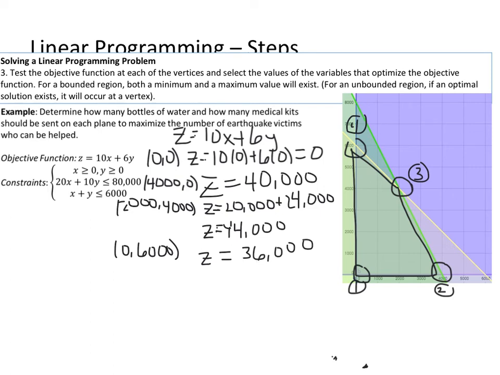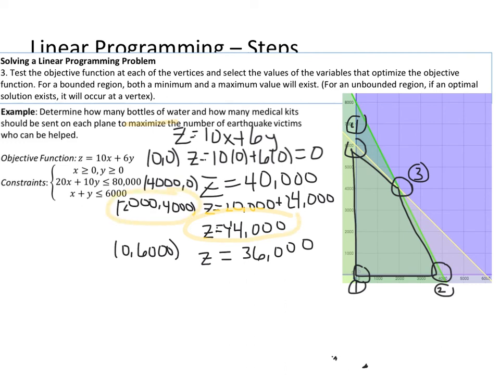Okay. So now we want to find the optimal solution. If we want to know where the maximum is, we're looking for the biggest z value. And our biggest z value is here, located at this point.